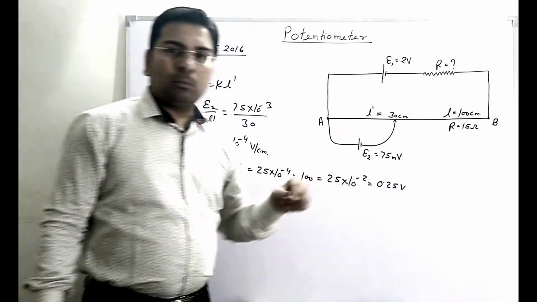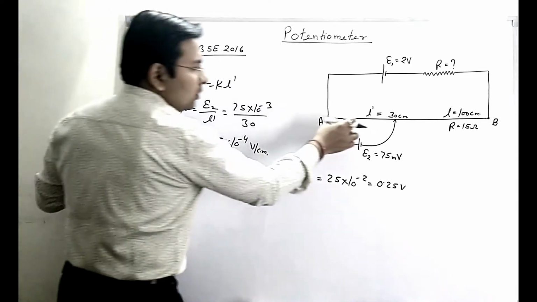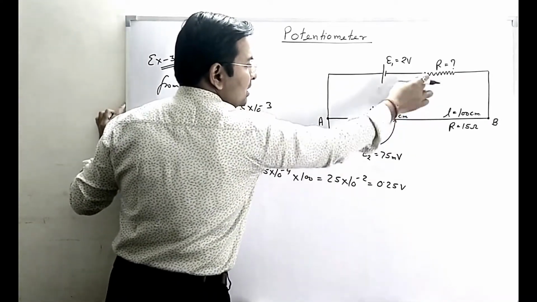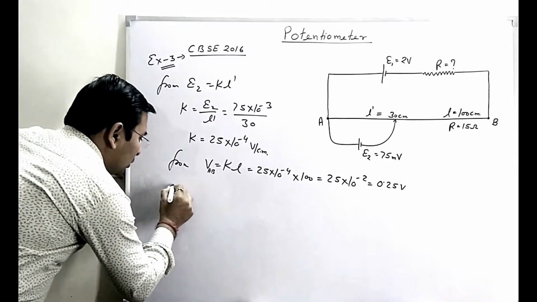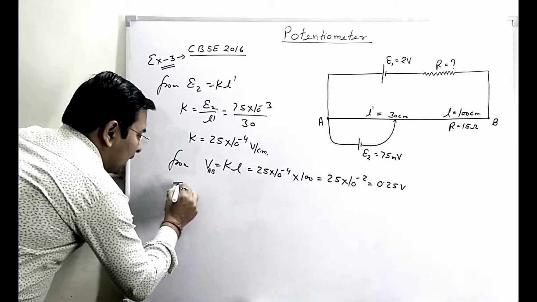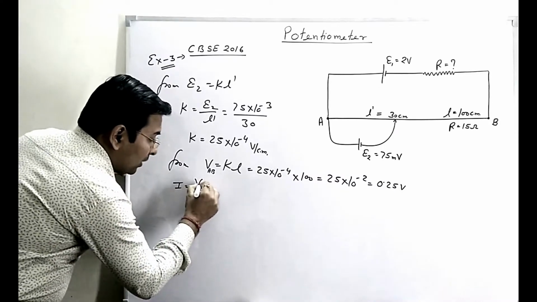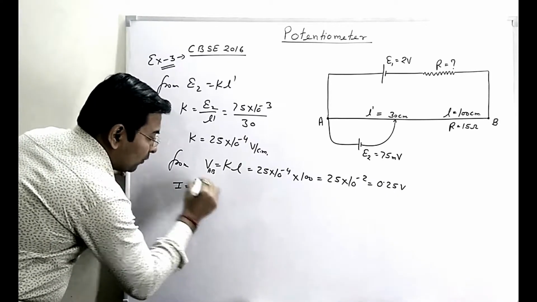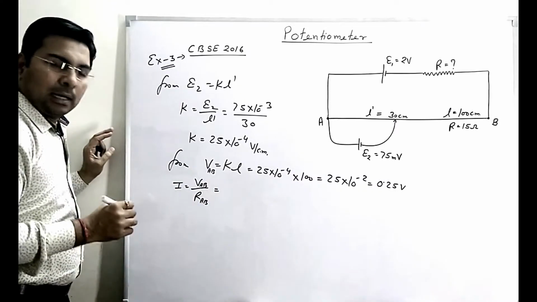Resistance is 15 ohm. Can we calculate the current flowing through the circuit with the help of this? Now these two resistances are in series combination, so current will remain the same. So now from V equals IR, I equals V upon R. So we need the potential across the wire AB upon the resistance of the wire AB.